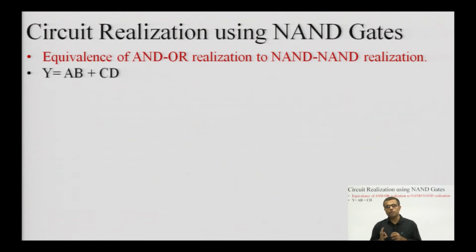So, we have to generate some equivalences. I have to prove that the AND OR realization is equivalent to the NAND realization. That means, AND and OR gates can be replaced with NAND gates. So, we have to prove that it can be done.